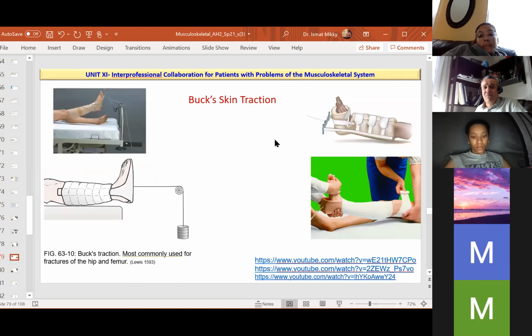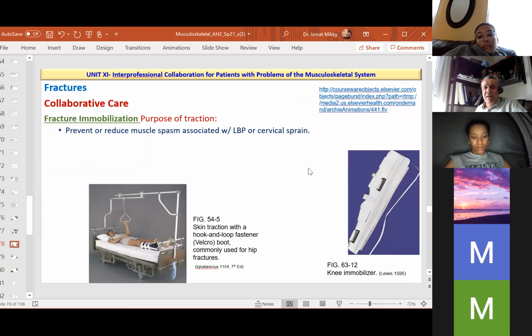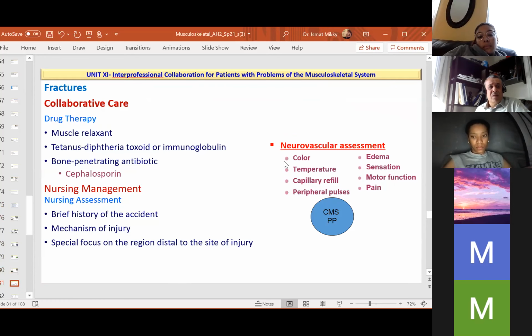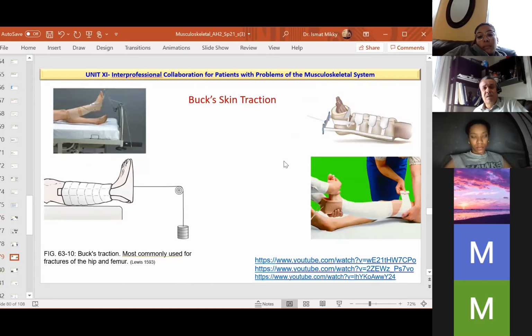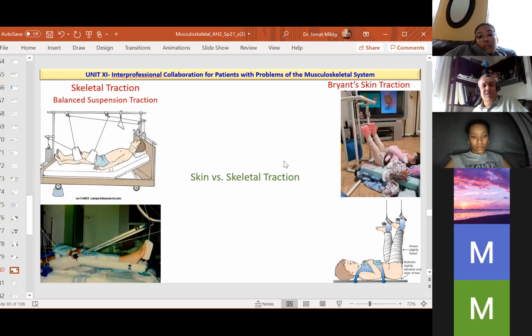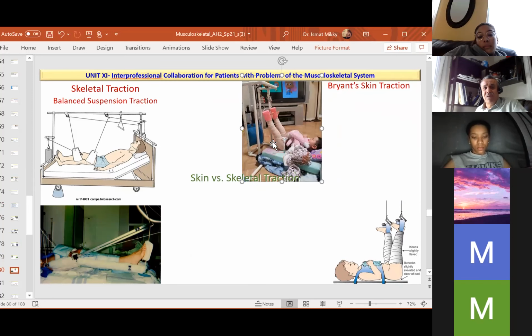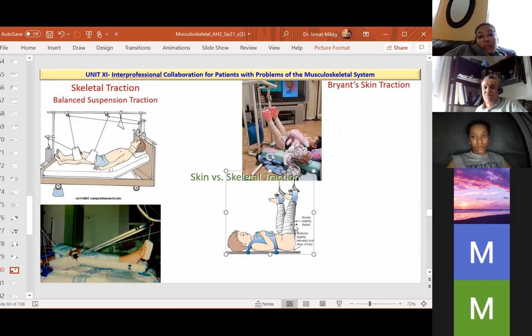Bryant's traction is one type of skin traction in children. This kid with this type of traction, it's called Bryant's traction. This is a skin traction.